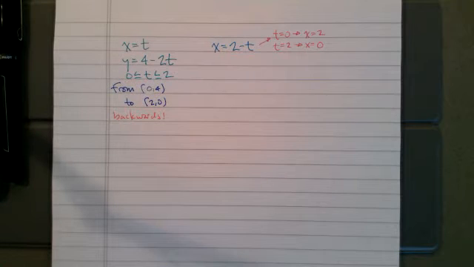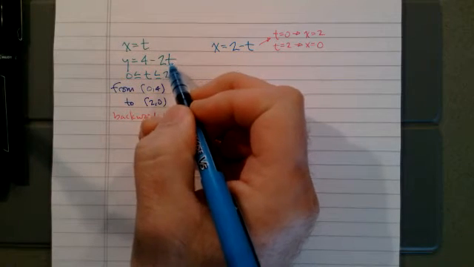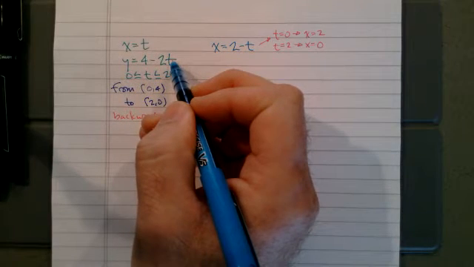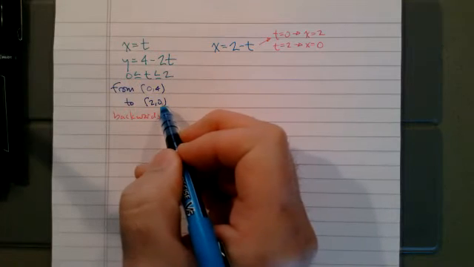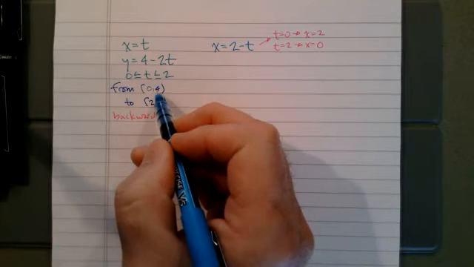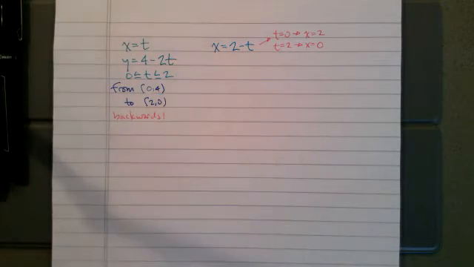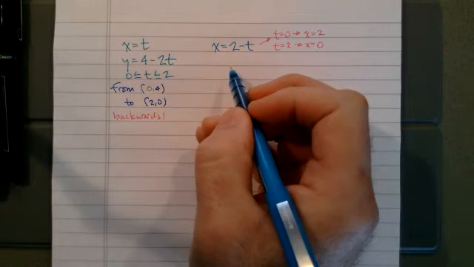Now our y's, when we have y equals 4 minus 2t, that sends the y's from 4 down to 0. So in 4 minus 2t, when t is equal to 0, y is 4. But when t is equal to 0, I want y to be 0, because I want to go from 2, 0 to 0, 4. So I want to flip the y around as well.